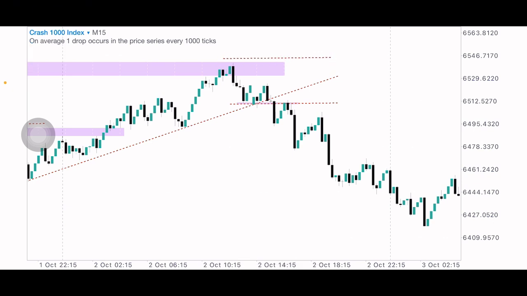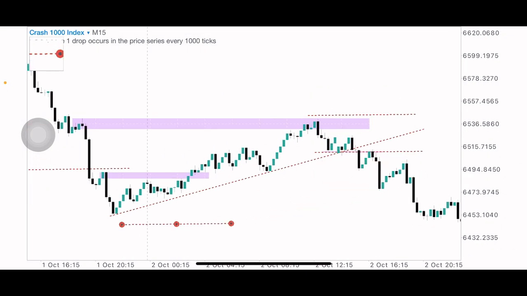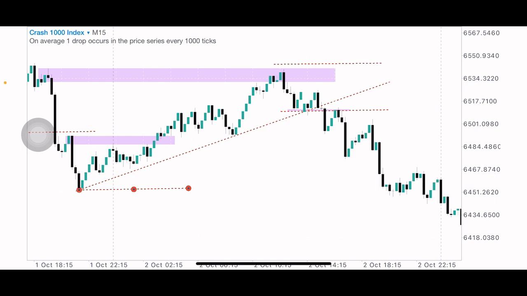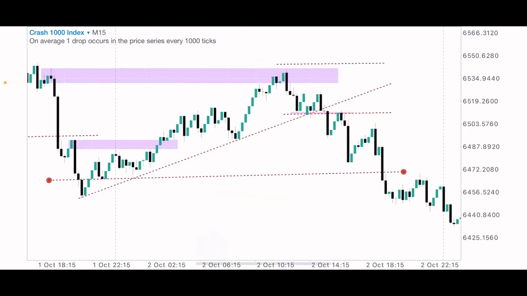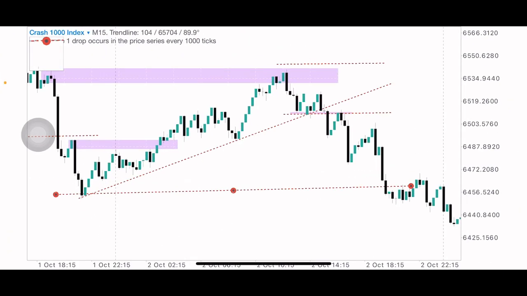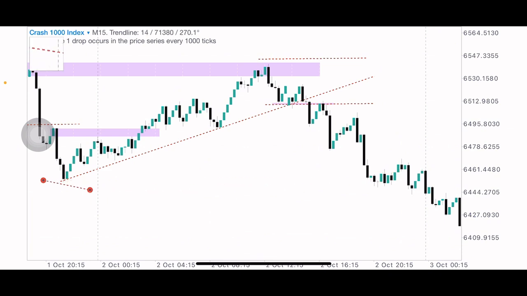Then your take profit is going to be at this low. Maybe you open 2 or 3 positions; your take profit is going to be here. If you opened about 2 or 3 positions, your take profit is going to be at this very low, the previous low.